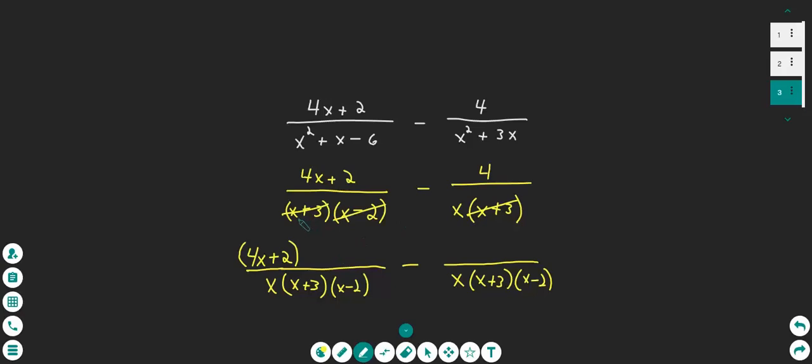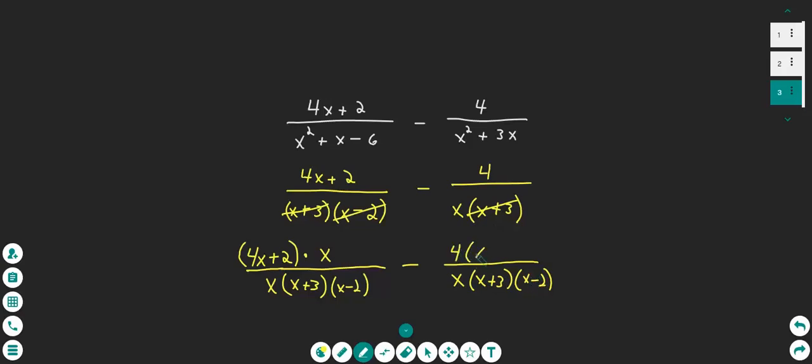So in the denominator, we have x plus 3, x minus 2. All that's missing is the x. So we're going to multiply this by an x. And notice again, it's not just the 2 times the x, it's the whole 4x plus 2 times the x. All right. Okay, and then over here, we have an x and an x plus 3, so we need the x minus 2 in the numerator.